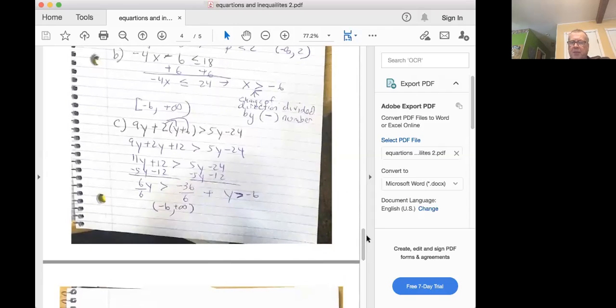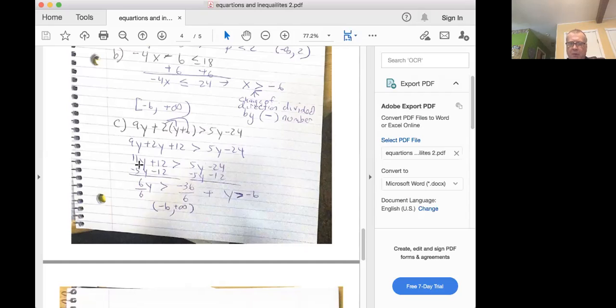And then for C, we have 9y plus 2 times the quantity y plus 6 is greater than 5y minus 24. So we'll distribute the 2, giving us 2y plus 12. Combine like terms here, get 11y plus 12 is greater than 5y minus 24.